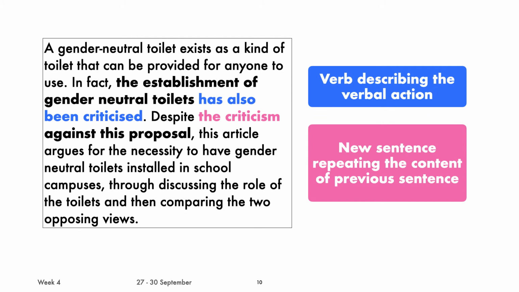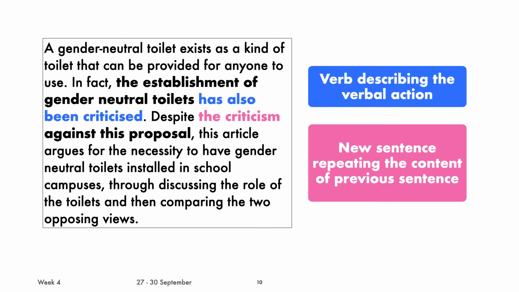So you can find in the sentence starting with "in fact", you already have one very long noun group with a nominalization, which is the establishment of gender-neutral toilets. And then look at how this sentence is finished. It's finished with a verb. Of course, you need a verb to finish this sentence.